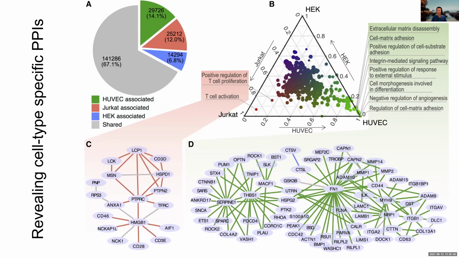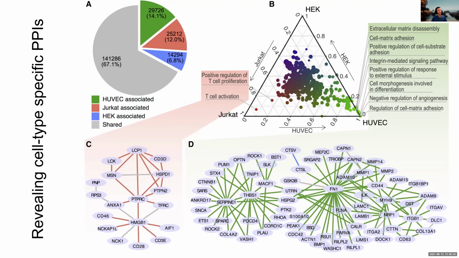But if the read pairs came primarily from 1 cell type, it basically means that gene pair was only expressed in that cell type, at least among the 3 cell types. That type of information could represent cell-type-specific protein interactions.